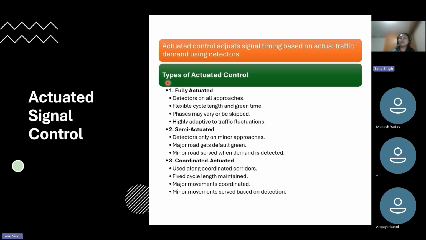The first is where all phases and the cycle length depend upon the traffic. In semi-actuated, detectors are present only on the minor approaches, whereas the major road gets default green. And third is coordinated, where the cycle length is maintained depending upon the cycle length of the whole corridor.